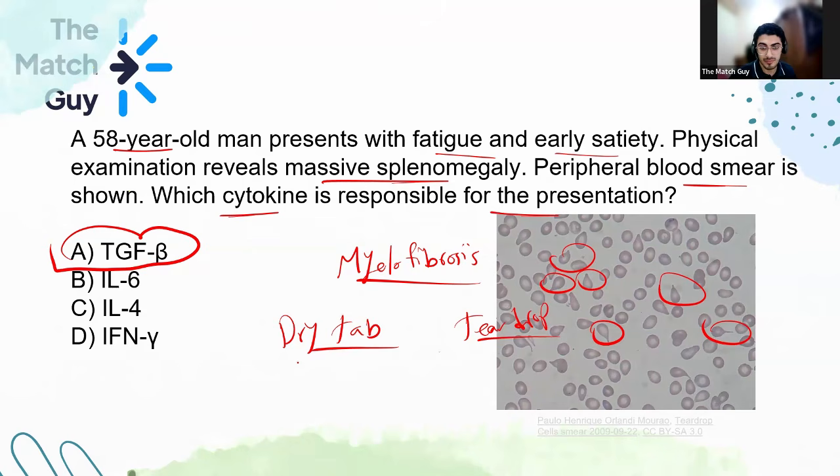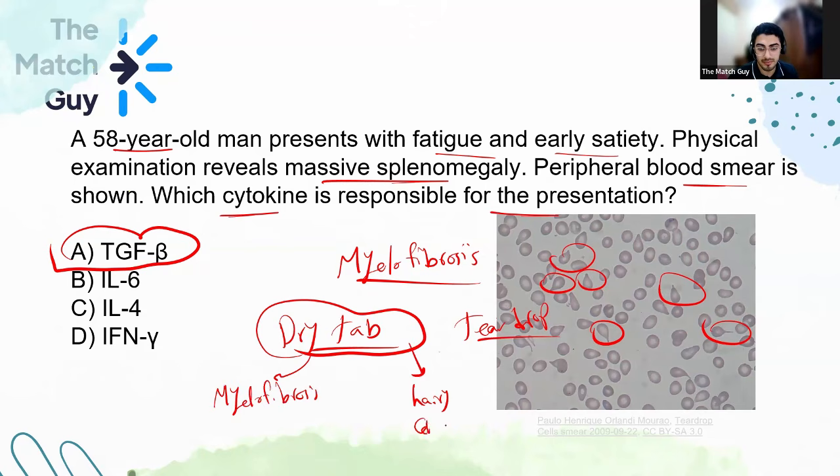Remember that the dry tap on bone marrow should point toward two conditions: myelofibrosis and hairy cell leukemia. Both of them will have dry tap on bone marrow biopsy. Amazing, guys.